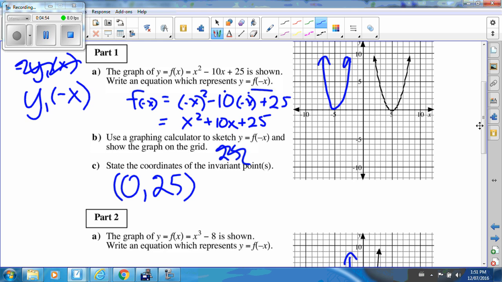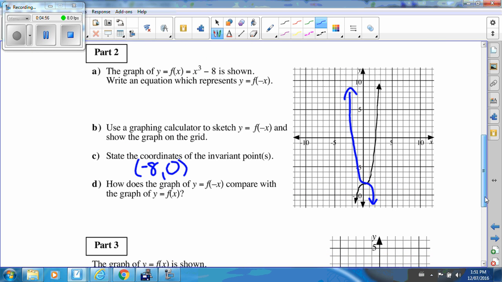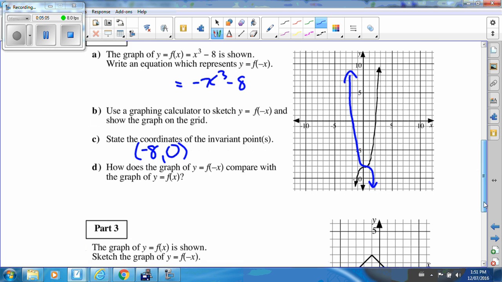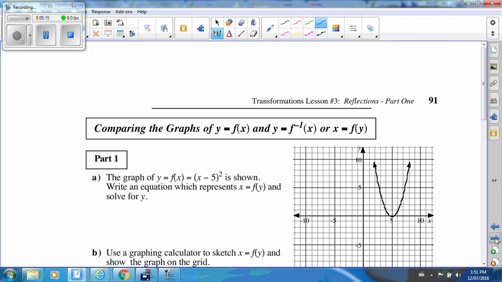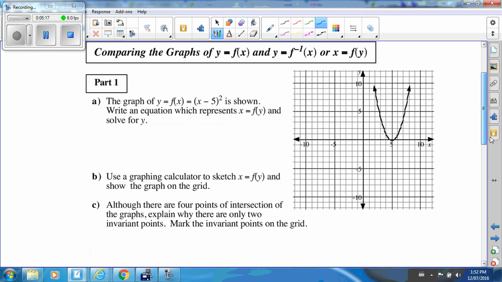This is going to be negative x cubed minus 8. Not that we really care. And then this one's going to do this. So this we call a horizontal reflection.